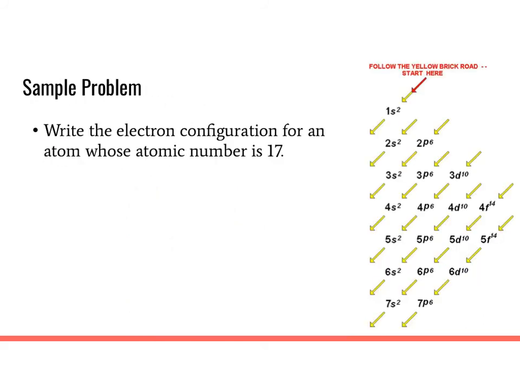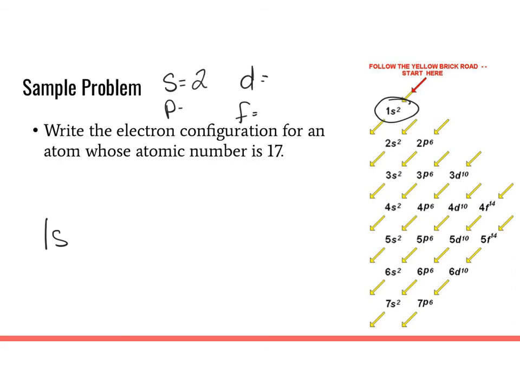So that's how Hund's rule works. So what we have here then is we're just going to go through an example problem. Write the electron configuration for an atom whose atomic number is 17. Okay? So what I have to do is I'm going to start by going to my smallest value first, and I'm going to say 1s. If we think back, remember S, P, D, and F are the orbitals.